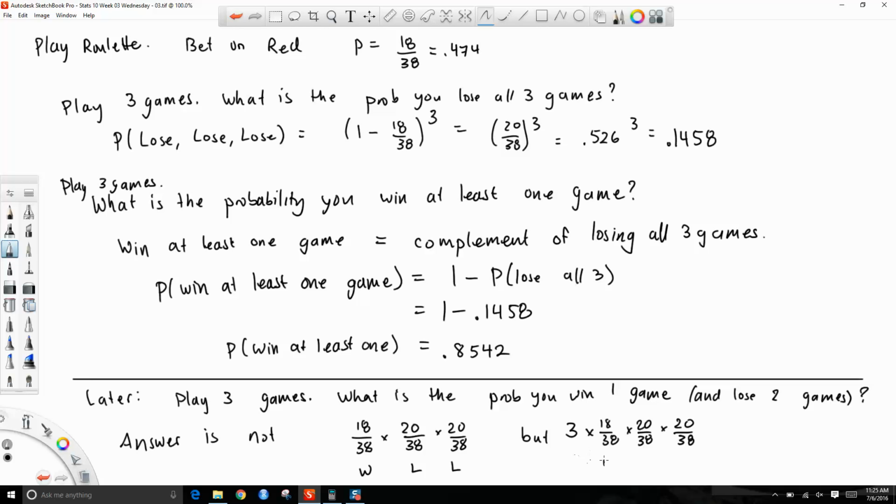This is called binomial, and we'll cover this in a moment, later today. So we'll put this thought on hold. But we've got the probability of losing all 3, or winning at least 1, or winning all 3, things like that.